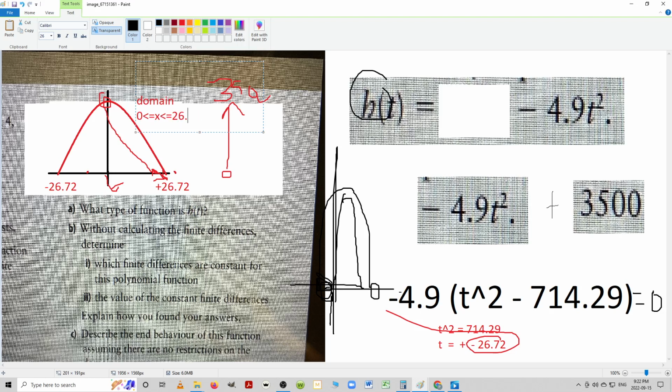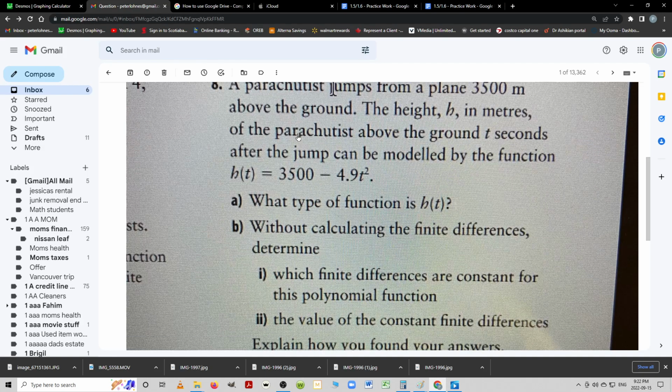I don't know if it's minutes. I forgot to read it. Let's say it's really going to be seconds because he's in a parachute. It could be minutes. It's probably seconds. And then the other restriction is the range, which is 0 is smaller or equal to y is smaller or equal to 3,500. That's because this is a real life situation where this parabola has restrictions.